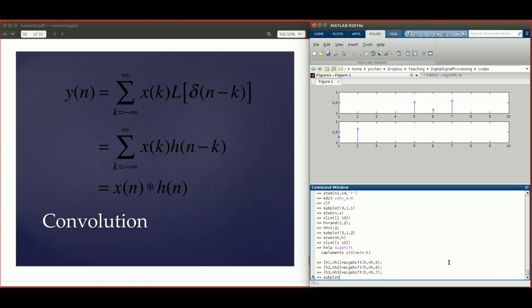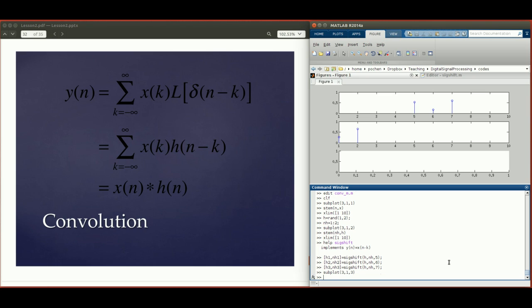Suppose I do subplot 3, and then stem nh1, h1. You can see it has a range that goes from 6 to 7. If I do an xlim, you can see it has shifted the entire sequence to here. h is here, but h1, shifted by 5, has been moved to here.